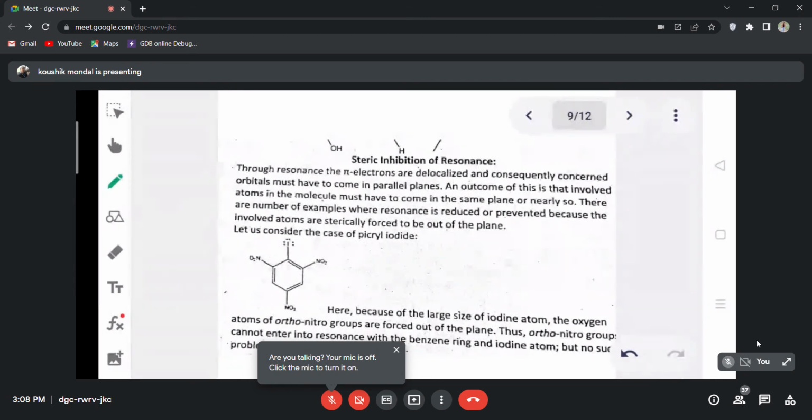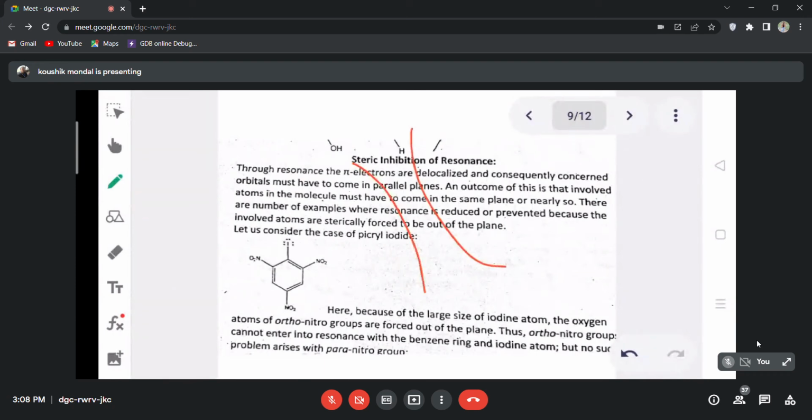Steric effect means repulsion between two groups. See here, NO2 is present and iodine is present, so both this iodine and NO2 group will repel each other.